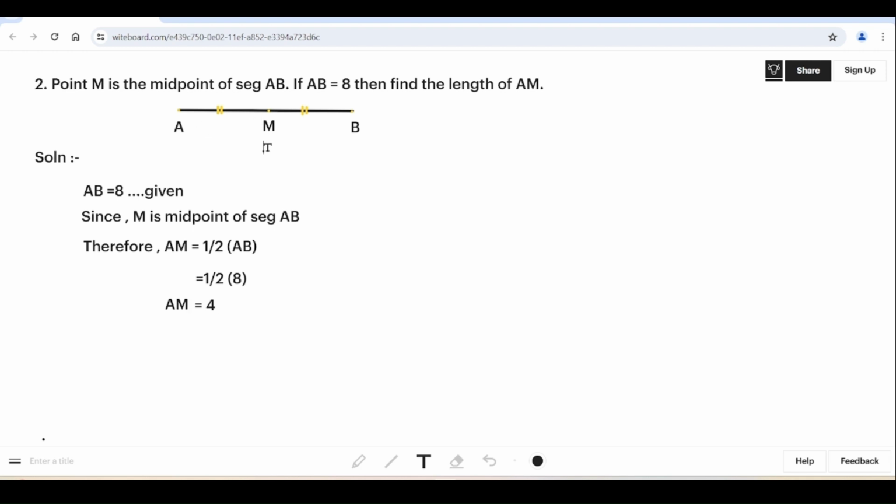Now, in a similar way, there may be another question in the problem set or practice set, where they give AM, the distance from the midpoint to one end, and ask us to calculate the entire length, then it is twice the length. So the question may be asked in some different way, but this is the main point. We have to keep in mind that a midpoint always divides the segment into two congruent segments. Therefore, in this way, we can solve the midpoint questions.